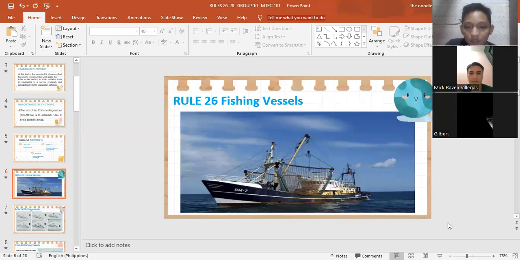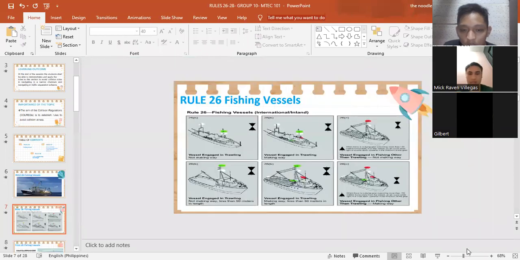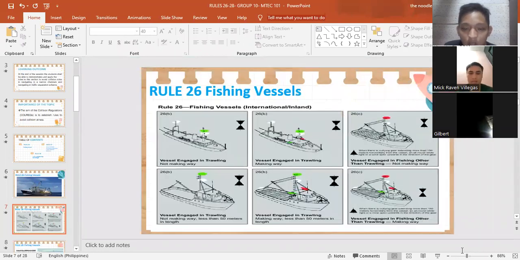Starting with fishing vessels, this is a sample picture of a fishing vessel. A prerequisite requirement for a fishing vessel is to have nets for fishing. These are pictures of fishing vessels.